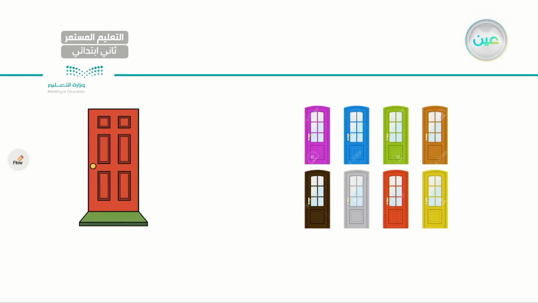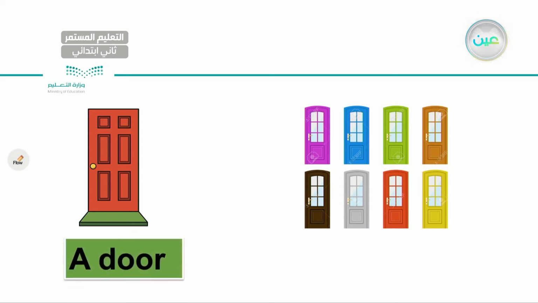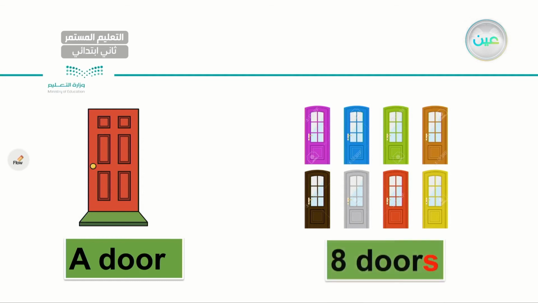Now, help me out to try to put a name under each picture. To your left, how many doors can you see? I have a door. Very good. How about the picture to your right? I have 1, 2, 3, 4, 5, 6, 7, 8. I have 8 doors.